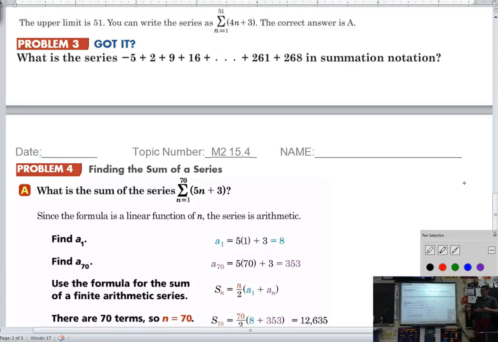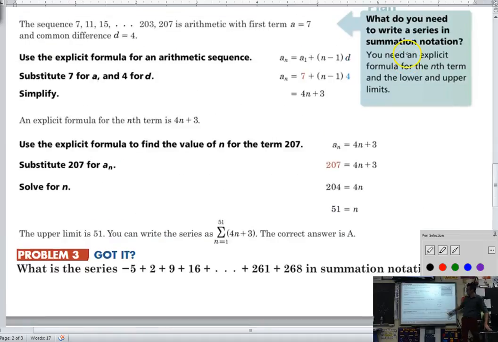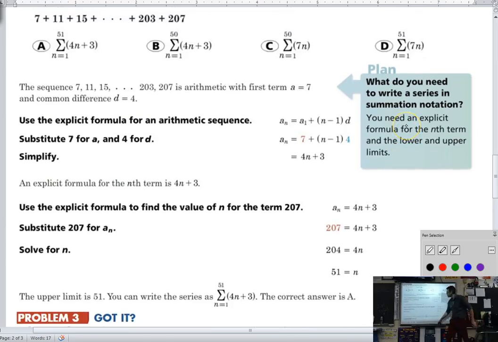I'm still kind of confused about that n equals 1. So that is saying start at the term value, start at the input of 1. So the first output that we're using is 7, based on inputting 1 to this rule. That's how we got our 7.